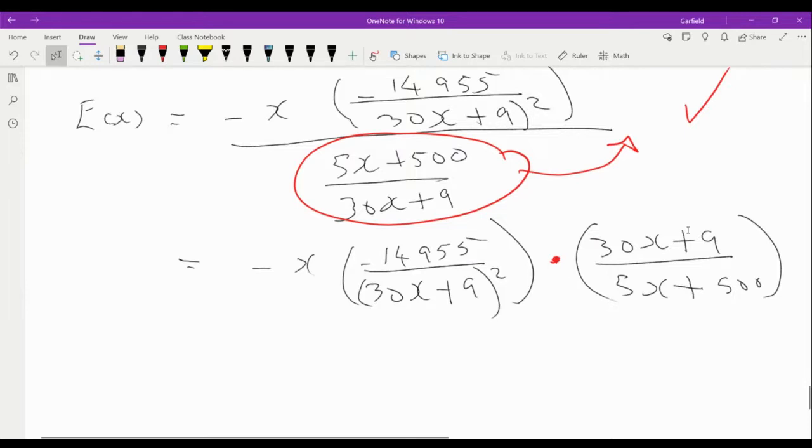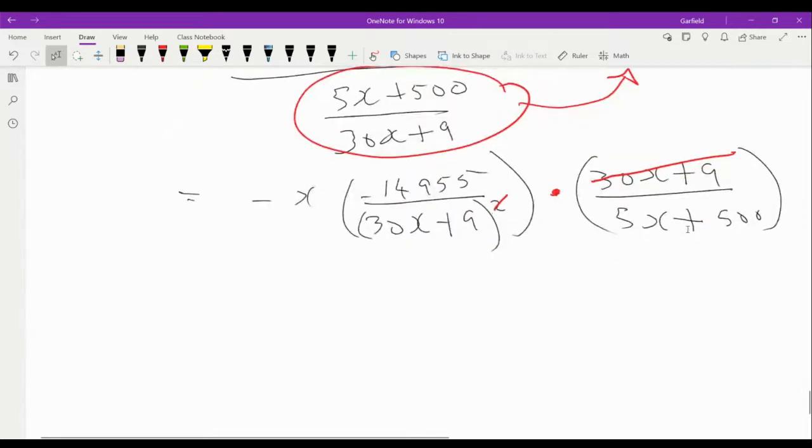Now, we have 30x plus 9 on the top, which will cancel with one of the 30x plus 9 on the bottom. And this should give us a positive 14,955 x on the top because of the two negatives.